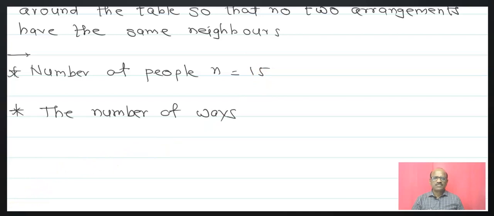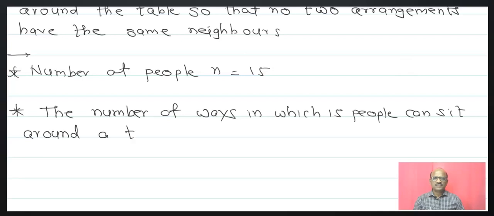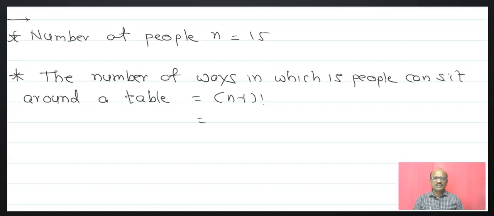The number of ways in which 15 people can sit around a table is n minus 1 factorial, that is 15 minus 1 factorial, which is equal to 14 factorial.